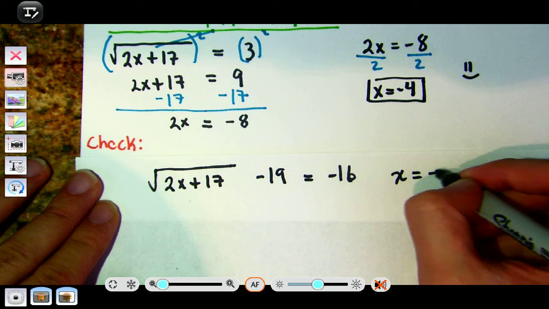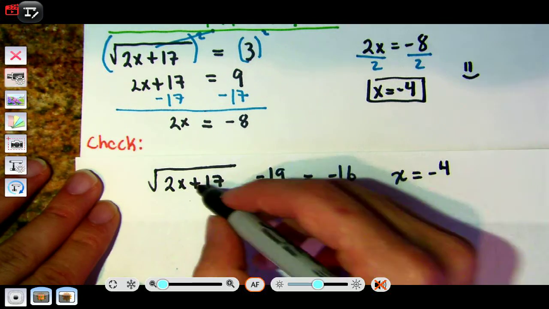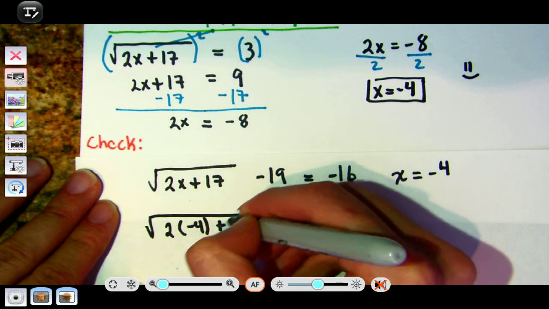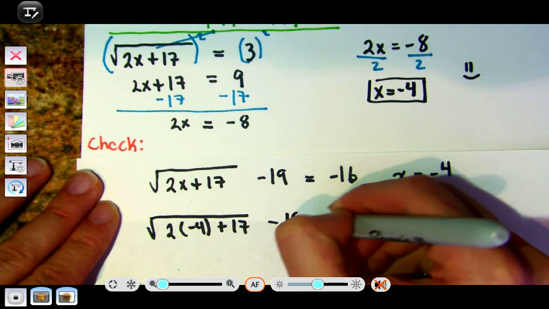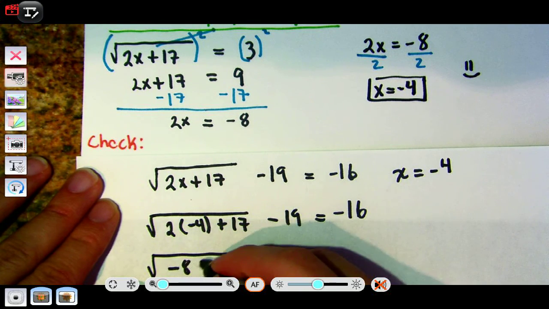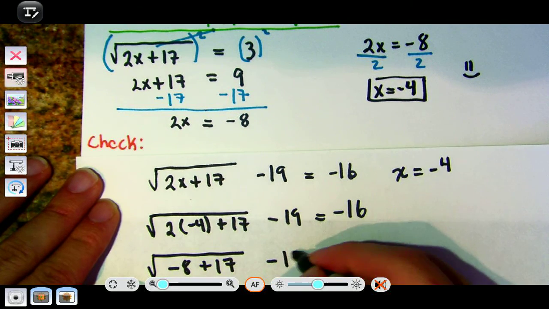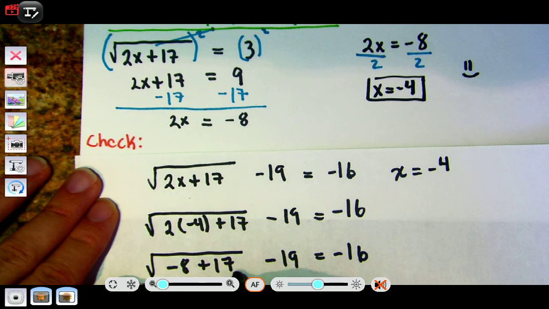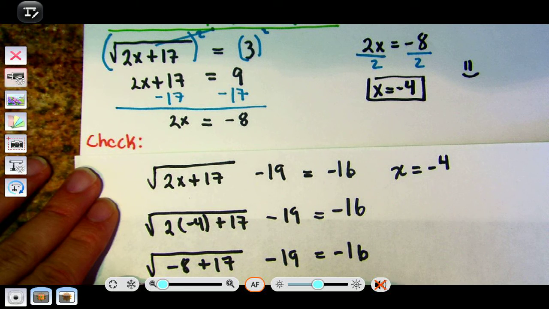So we plug in negative 4 in here, so we get square root of 2 times negative 4 plus 17 minus 19 equals negative 16. So then square root of negative 8 plus 17 minus 19 equals negative 16. Square root of 9 minus 19 equals negative 16.